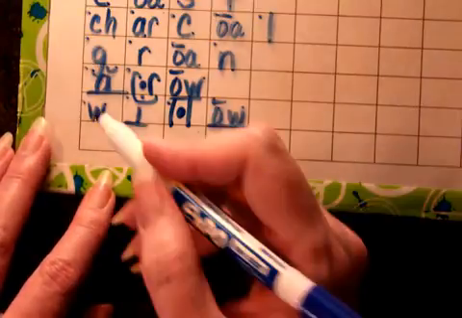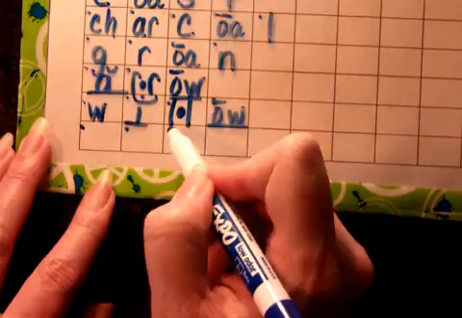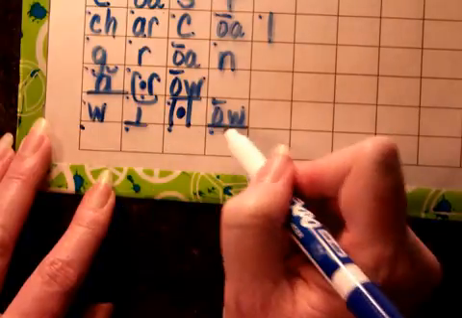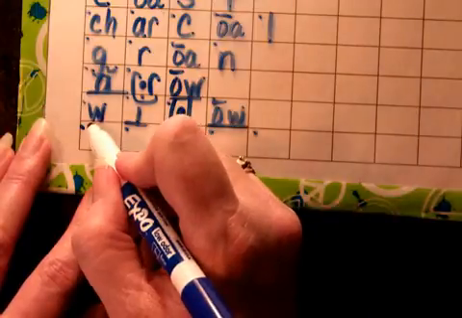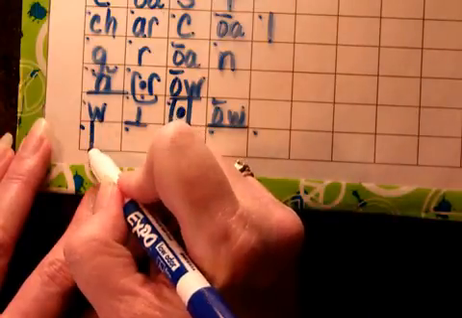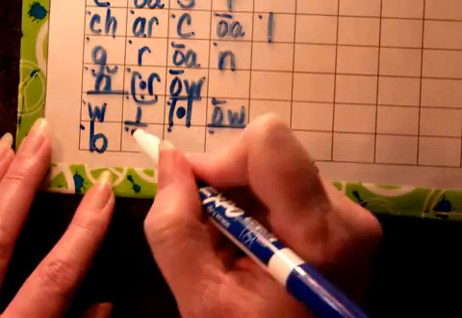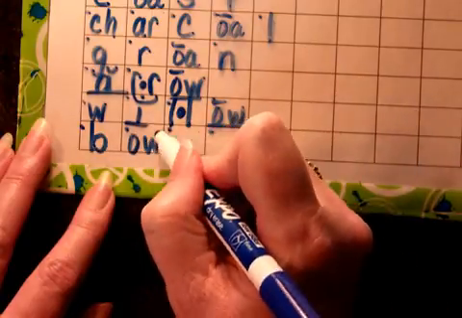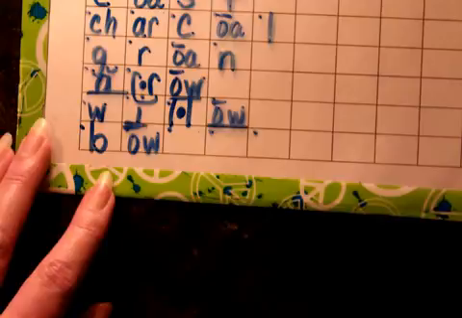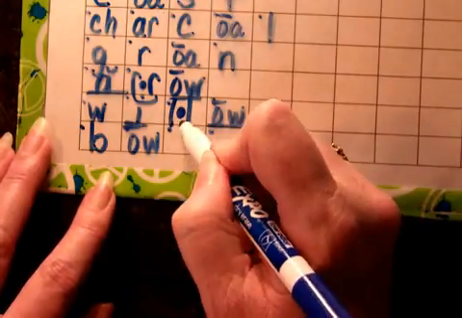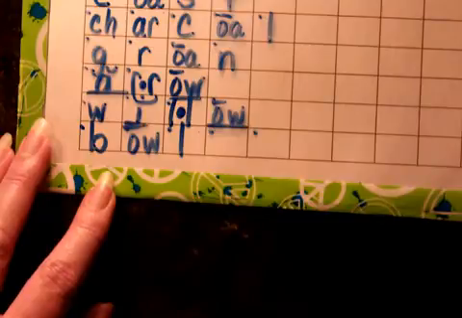The next word is bowling. Bowling. B-O-W-L-I-N-G. The first sound is B. My lips are closed, the line is first. O. Remember I said sometimes O in the middle of a base word can be spelled O-W. O. Bowl.